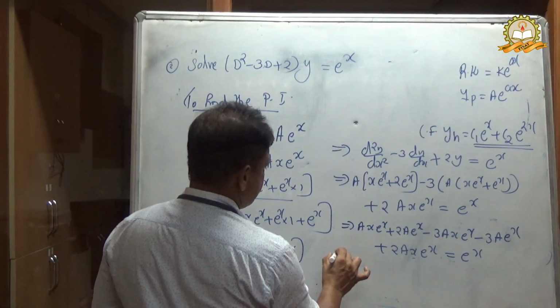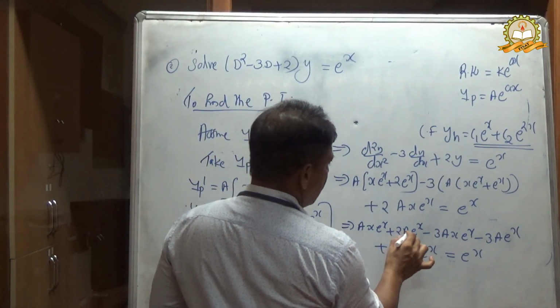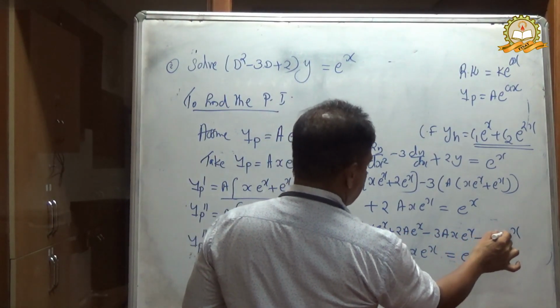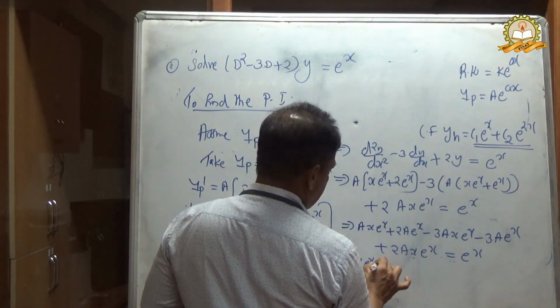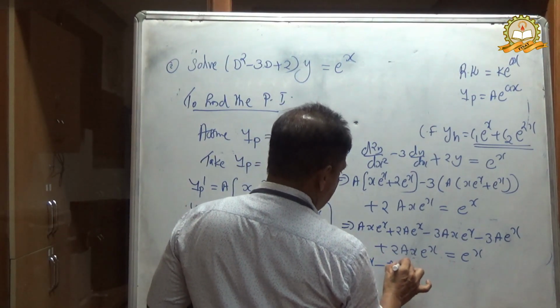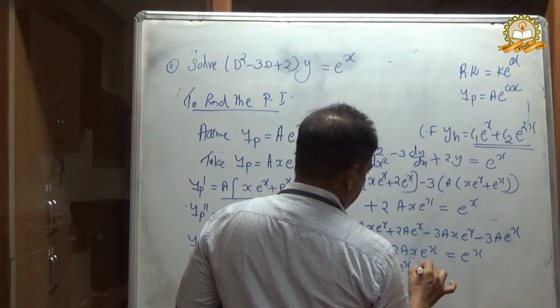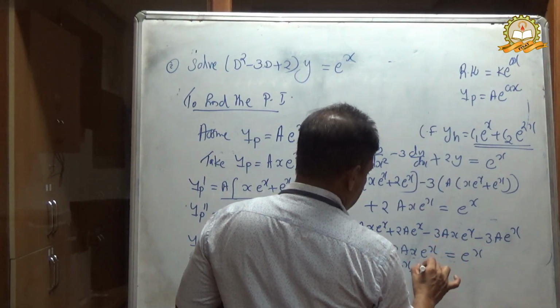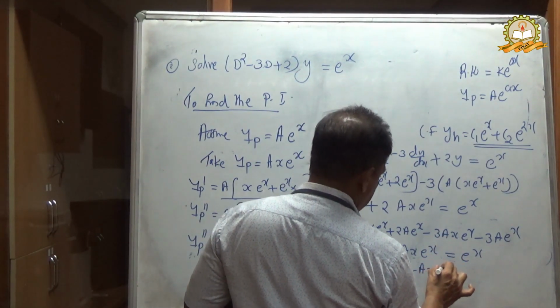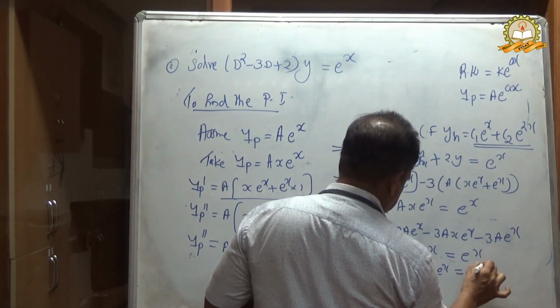That implies 2a e raised to x minus 3a e raised to x, that is, a x e raised to x minus a e raised to x minus 3a x e raised to x minus a x e raised to x is equal to e raised to x.